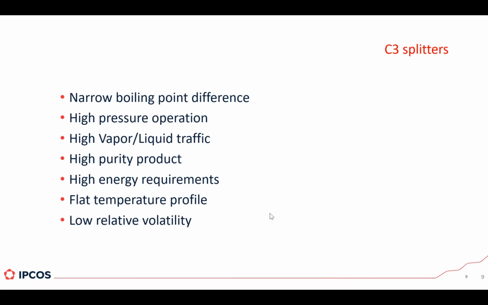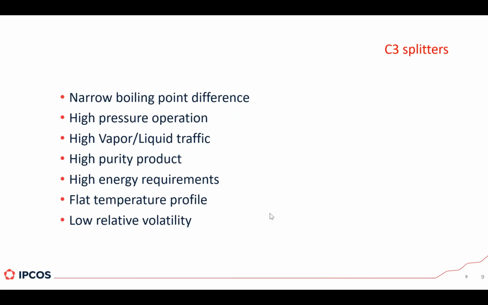And you have a lot of trays, huge reflux ratios, so that makes the whole traffic a problem in itself. High purity column in this case, well, it's the propylene in the top, it has requirements of purity, of course. Energy requirements, that can also be the case for citrus splitters.